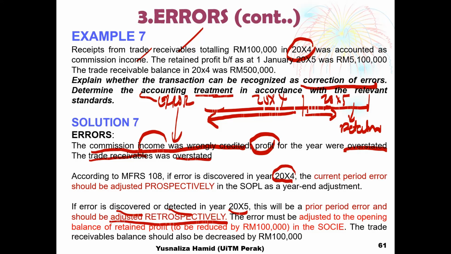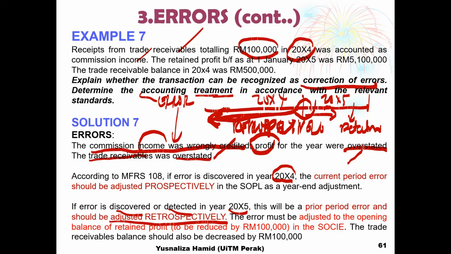So you need to not only adjust what happened at the beginning of the year, but you need to go and adjust retrospectively, which is adjusting back to the past. In our case here, the error is that 100,000 was accounted as commission income. So we need to do the correction, where we reduce the commission income because it was wrongly credited.